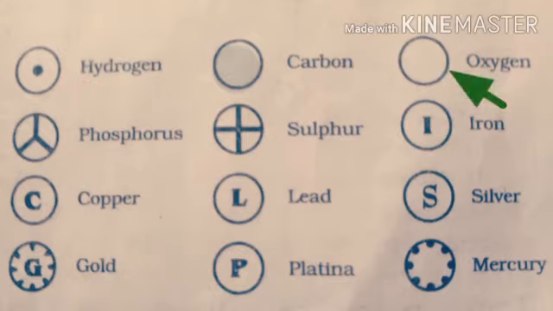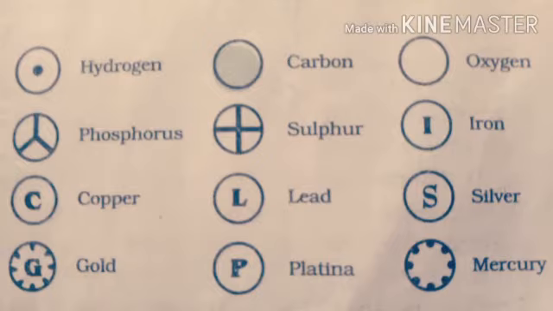For oxygen, a blank circle. Like that, for sulfur a plus sign in a circle, and for iron, a circle with I inside. For copper, a circle with C. For lead, a circle with L. And for silver, a circle with S inside.